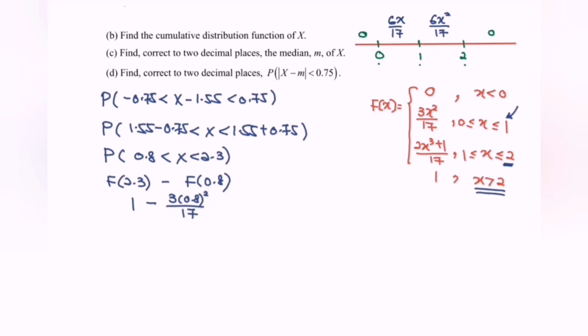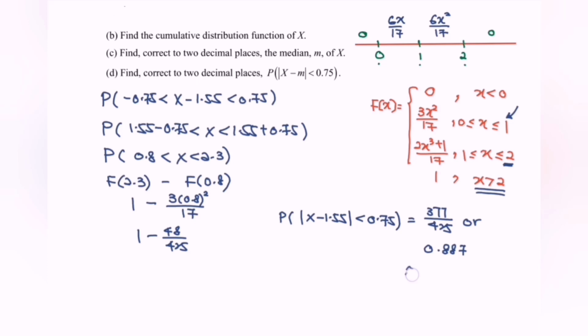Simplify: 1 minus 48 over 425. So the probability that the modulus of x minus 1.55 is less than 0.75 will be equal to 377 over 425, or you may express it as 0.887. As a conclusion, correct to two decimal places, we have our final answer 0.89.